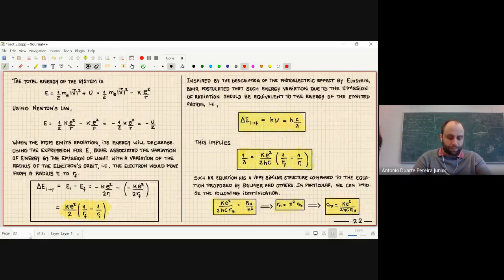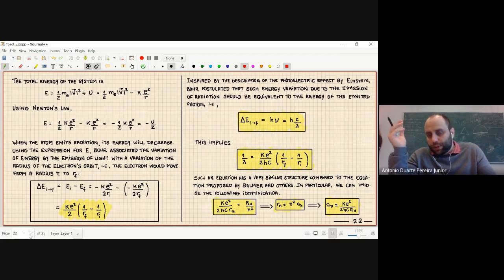Now I can ask you, what is the total energy of the system, namely this atom? You have a nucleus that is at rest, but it contains a charge. And you have an electron that is moving around the nucleus and also has a charge.